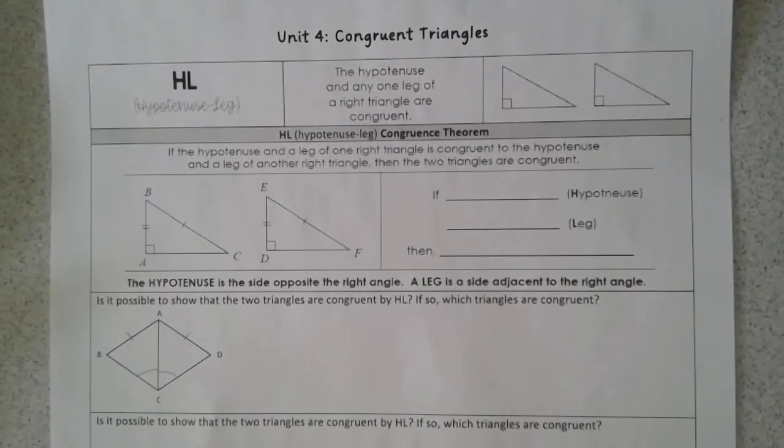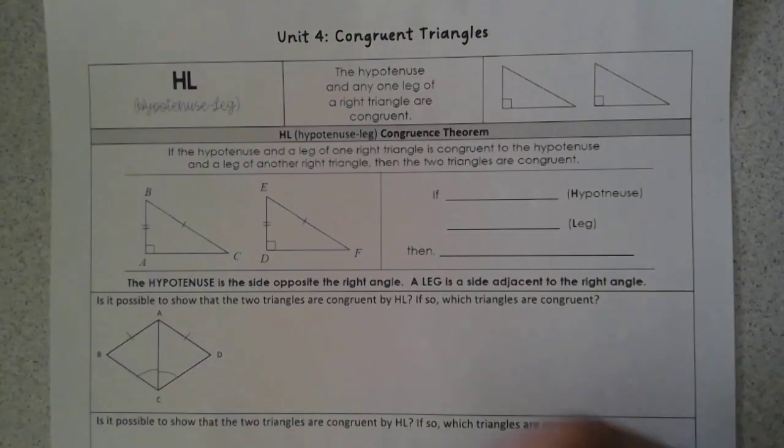Last thing I want to show here is just on page 11. Page 11 is the third shortcut we're going to talk about today. This shortcut only works in right triangles, so a triangle that has a right angle.